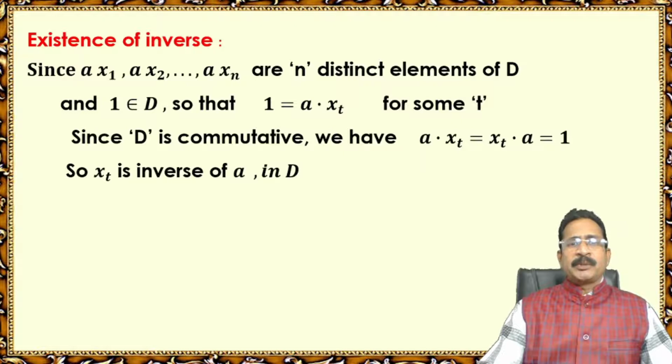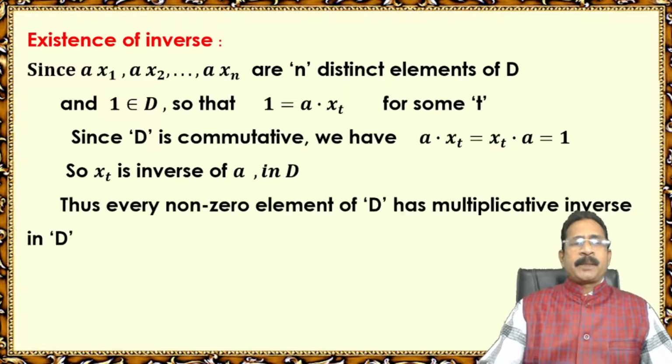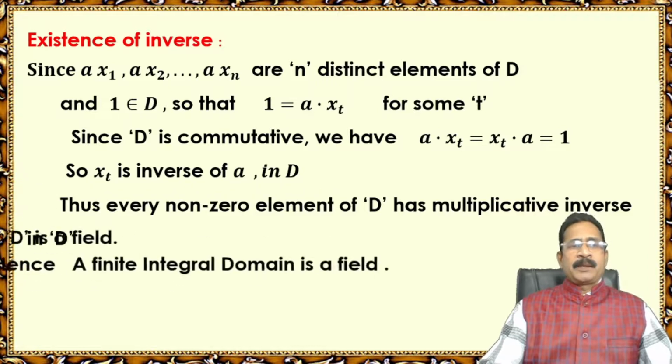Since D is commutative, we have a into xt is equal to xt into a is equal to 1. Therefore, we conclude that xt is a multiplicative inverse of a in D. Thus, every non-zero element of D has a multiplicative inverse in D.